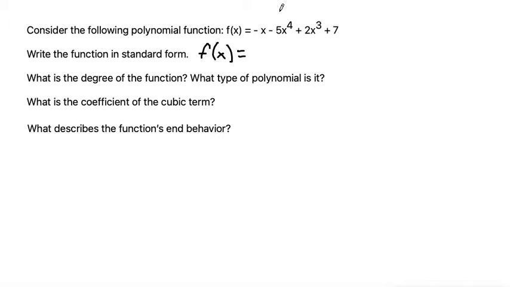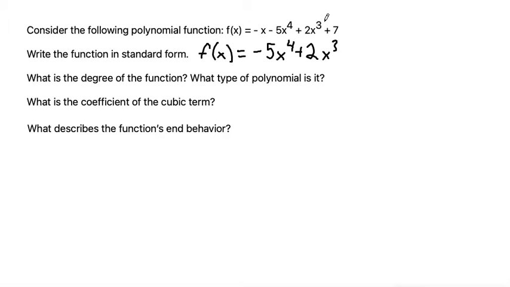order of the power of the variable. So the highest power is the term with x to the power of 4, so we'll put that one first, negative 5x to the power of 4. The term with the next lower power of x would be plus 2x cubed.